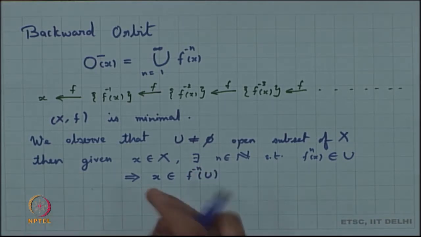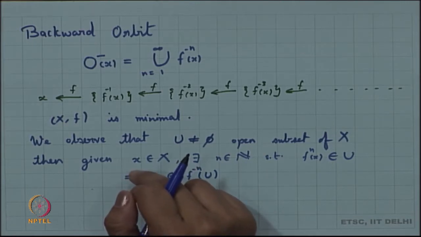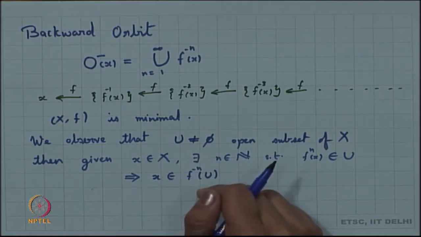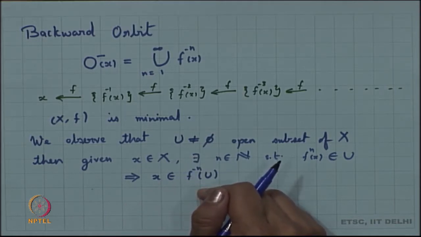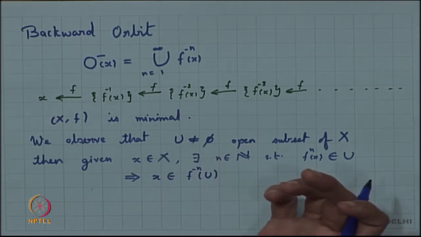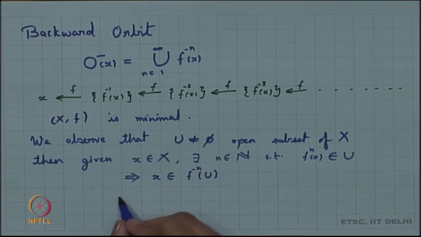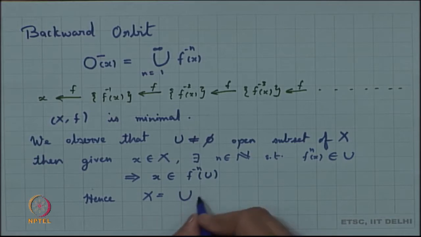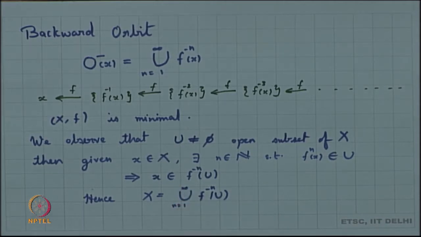So if I take any point x in X, there exists an n such that x belongs to f minus n of U. So all x in X will belong to some f minus n of U, and hence we can deduce that X is the union of f minus n of U for all n going from 1 to infinity.